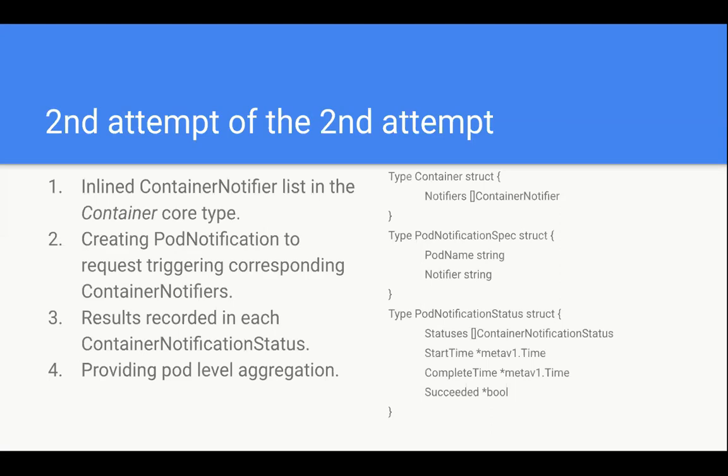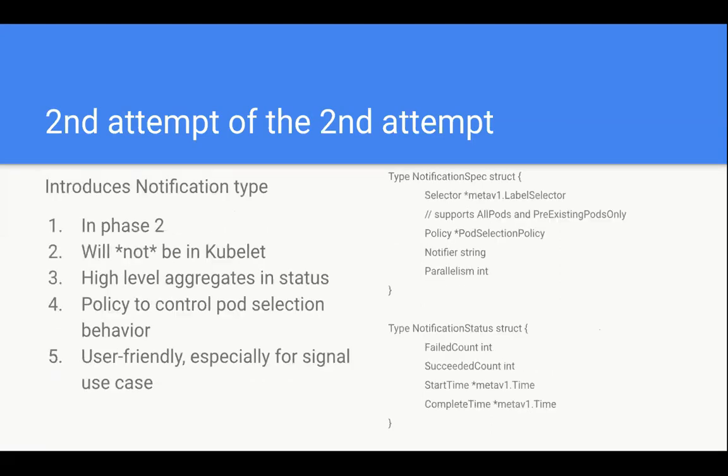They don't necessarily need to rely on the notification to achieve that. And the notification then is a more suitable way of selecting a relatively large scope of pods to run, let's say, a command or send a signal, etc. And this is more like a user-friendly thing.